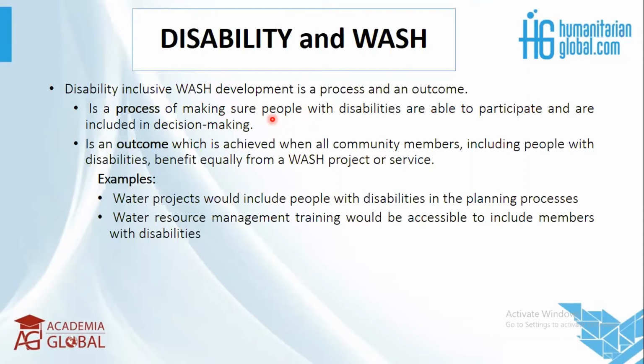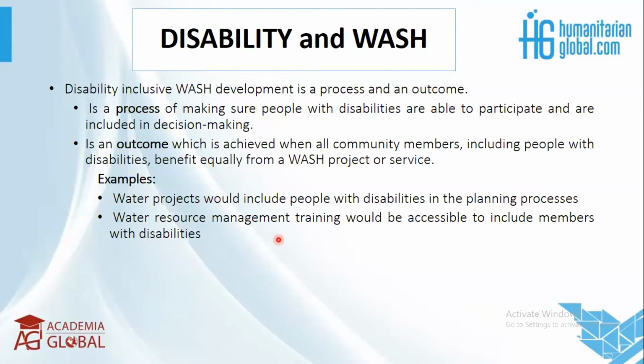It's also an outcome, which is achieved when community members, including people with disabilities, benefit equally from a WASH service. So, for example, water projects would include people with disabilities in the planning process, as I said before, and also in terms of water resource management training, for example. We need to ensure that it is accessible to include members with disabilities.